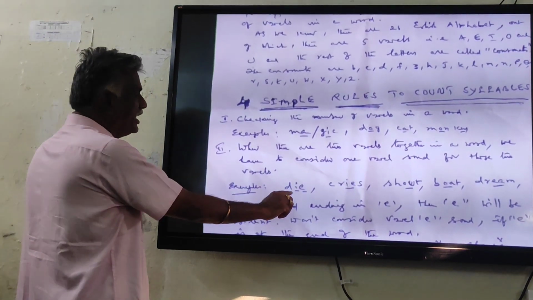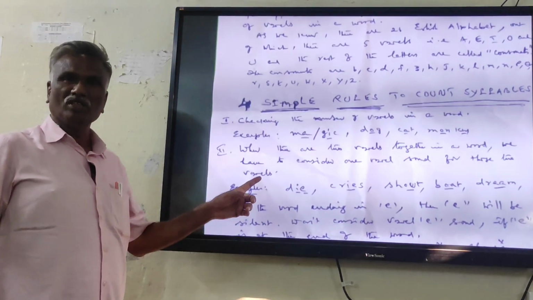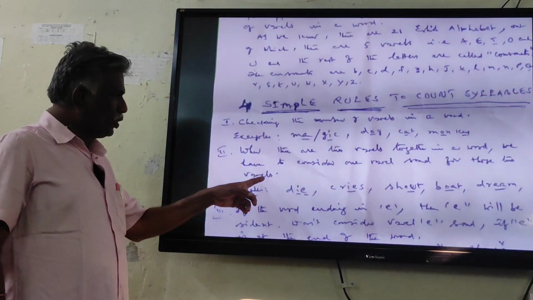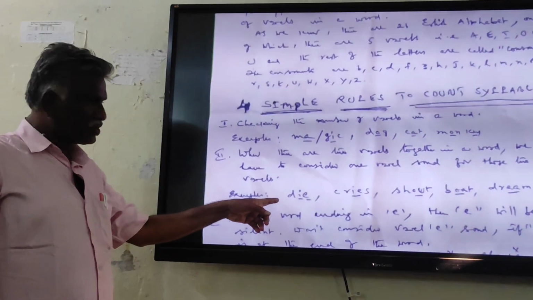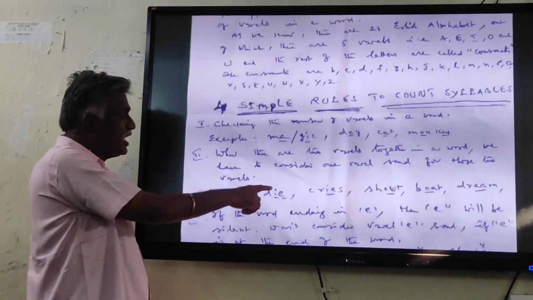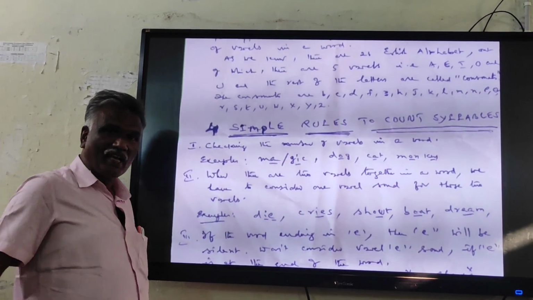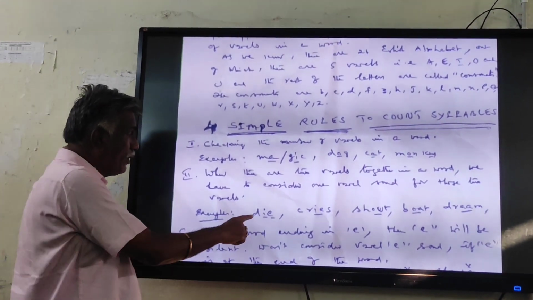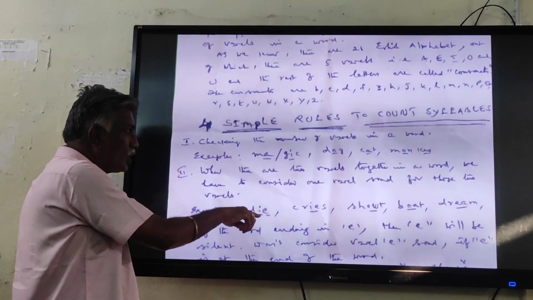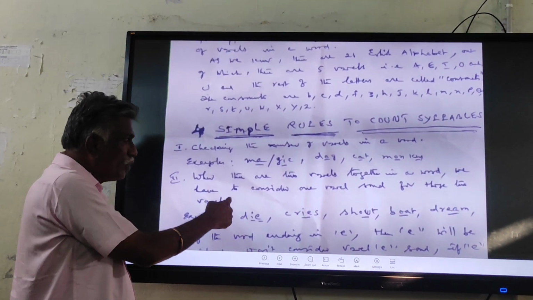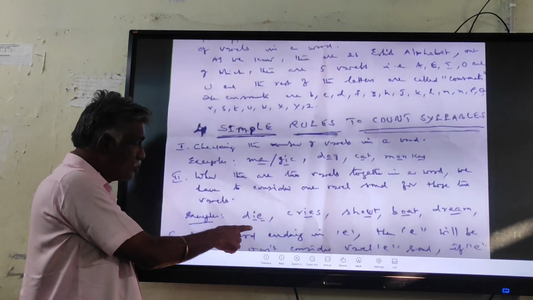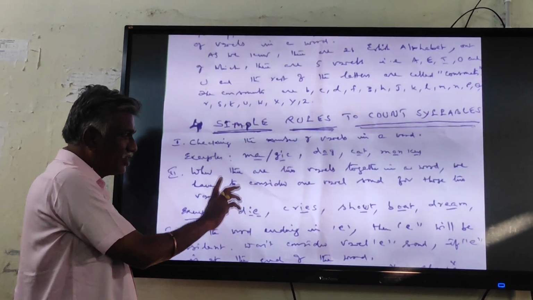For example, you see die. You analyze this word. Here is IE. How many vowels are here? Two vowels. But even if there are two vowels, we take only one vowel sound, that is I. So die.